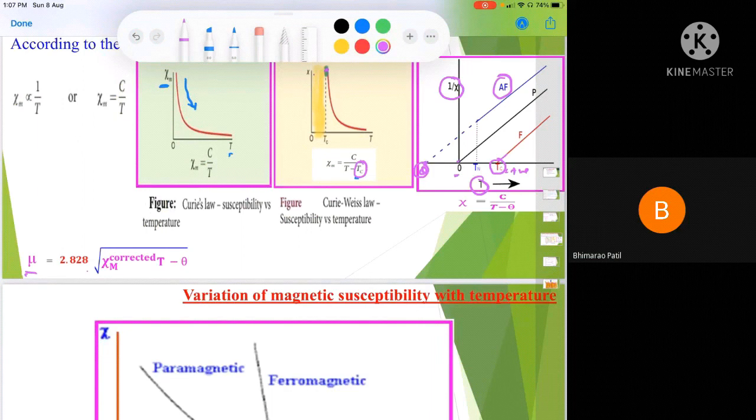By using this equation, you can calculate the actual, corrected value of the magnetic moment, because you measure the corrected molar susceptibility with respect to temperature.